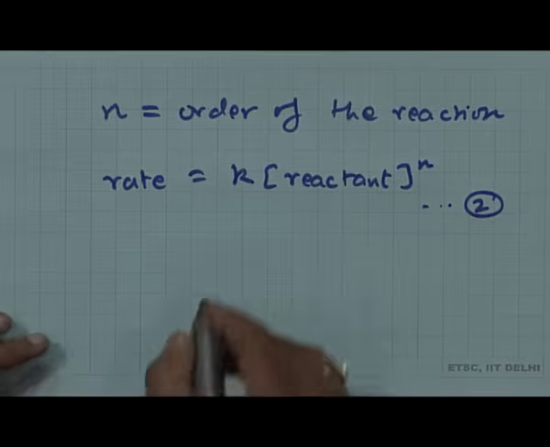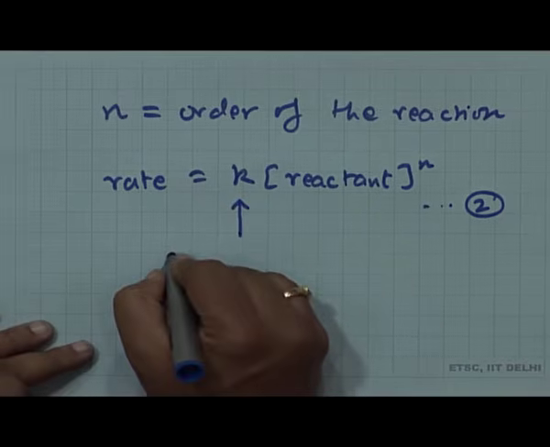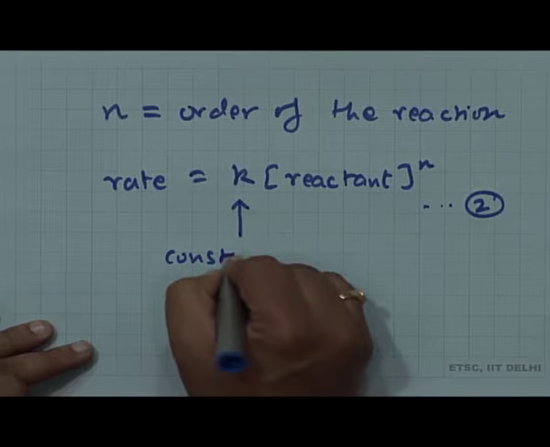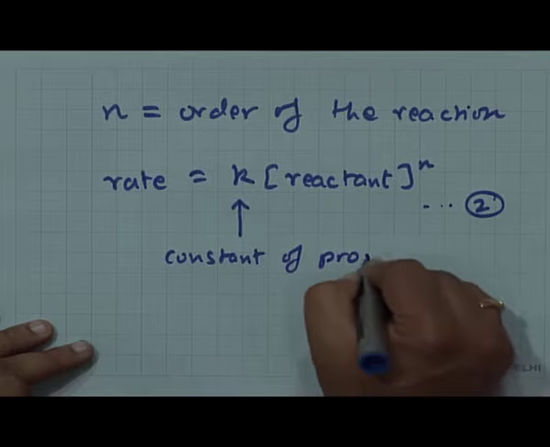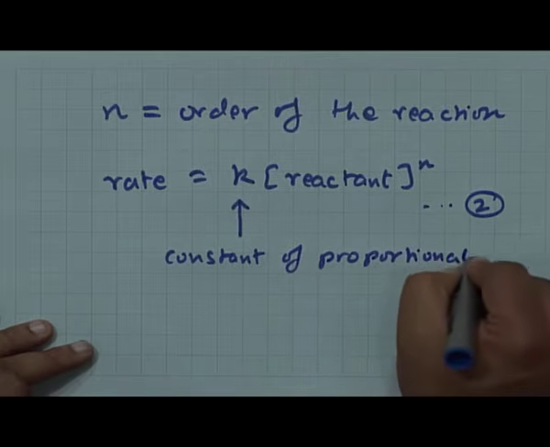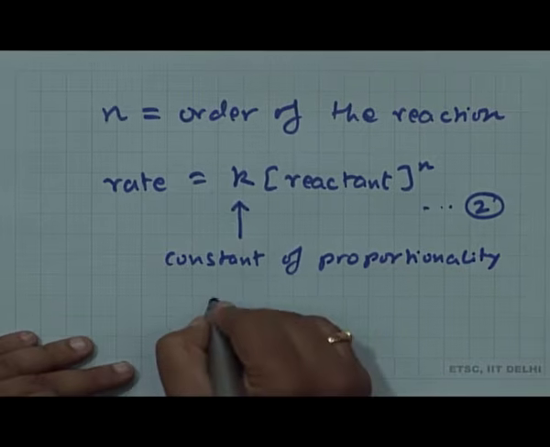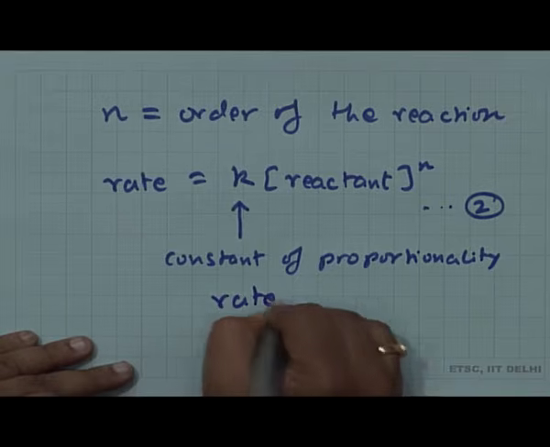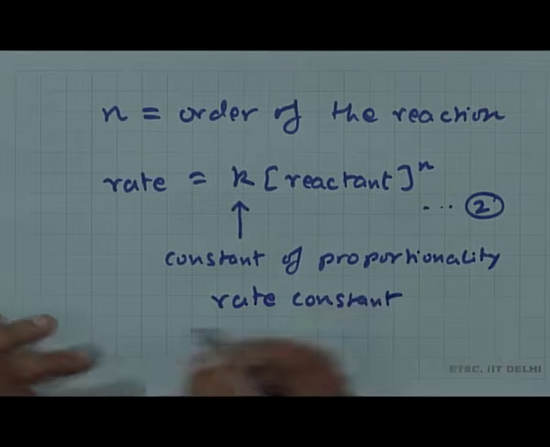Okay. So, obviously, now you realize that this K is my constant of proportionality, and hence this one is called the rate constant.